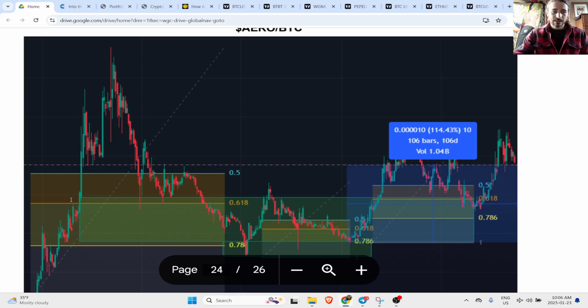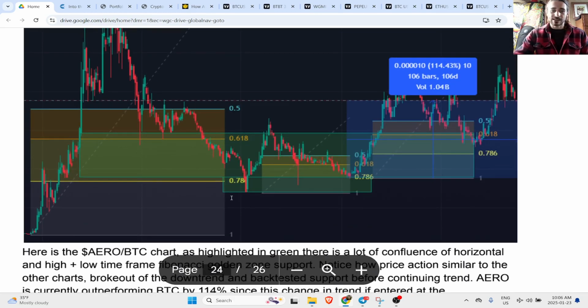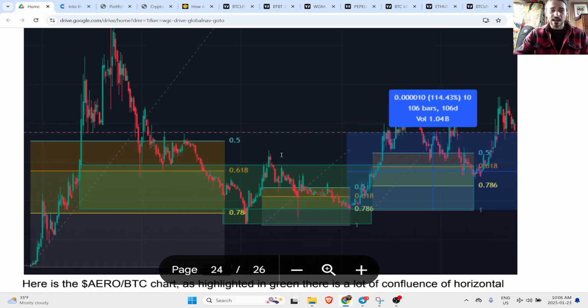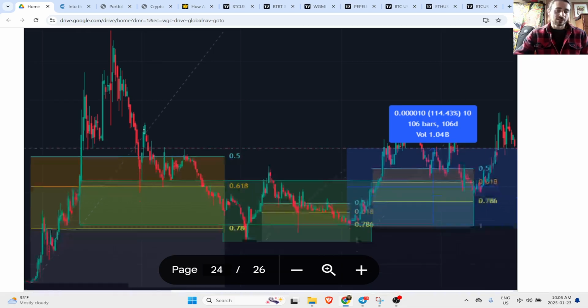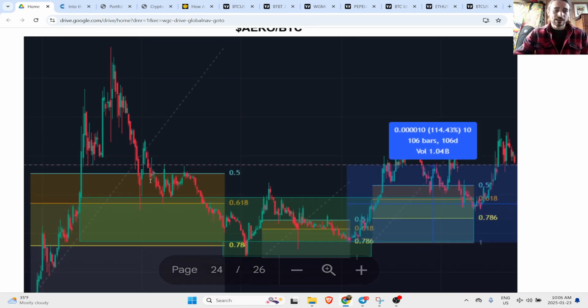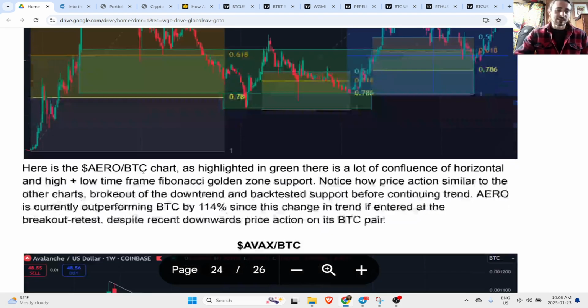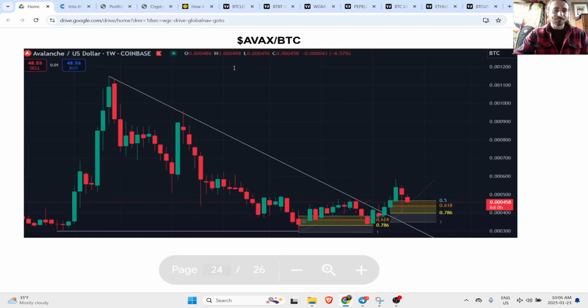So again, you can see the golden zone acted as good support across multiple time frames here, and then we can see waiting for that higher low structure, that change of trend, because right through here Bitcoin was way outperforming Arrow. So we don't want to be holding Arrow in times like this, and we want to be buying here when it's about to outperform Bitcoin and riding that trend up.